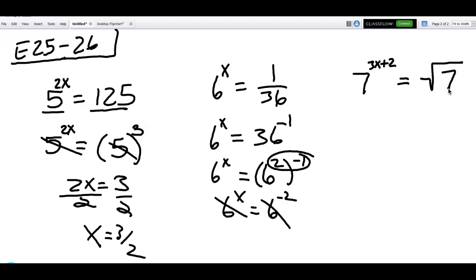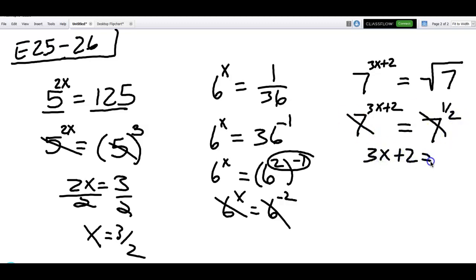So for these ones, you have to remember the square root can be rewritten as 7 to the power of a half. Okay? From there, you would just solve this, and I was kind of hesitant about this because I didn't want to deal with the fraction, but I'll just go ahead and do it.